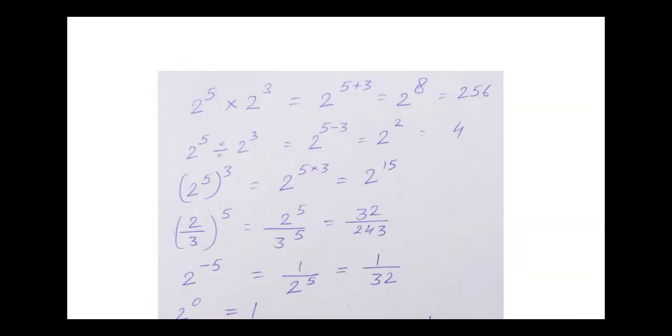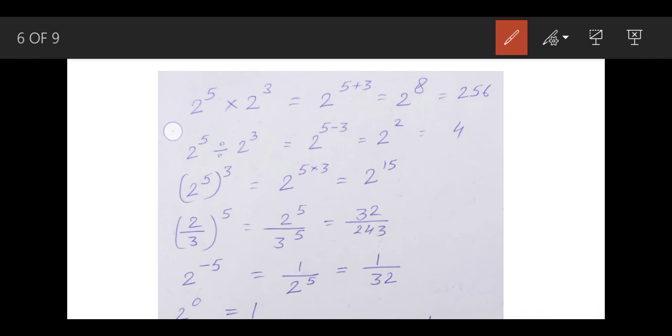We will take a few examples on all the laws. Here, the base is the same, 2 to the power 5 multiplied by 2 to the power 3. When the base is the same and it is a multiplication case, powers will be added. So it will become 2 to the power 5 plus 3, which is 2 to the power 8.